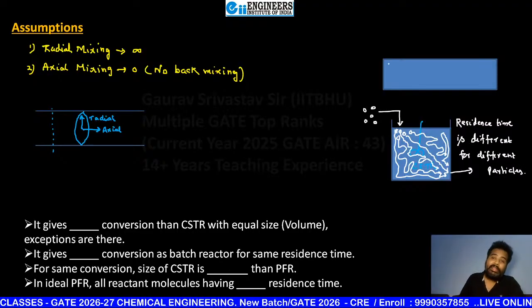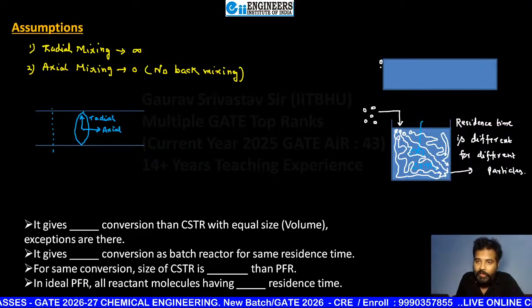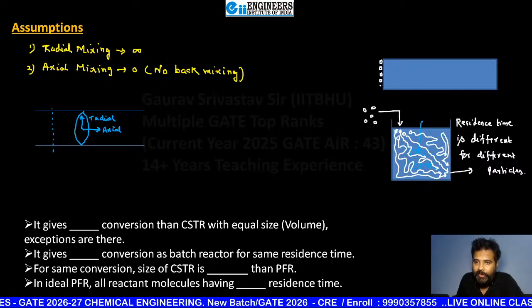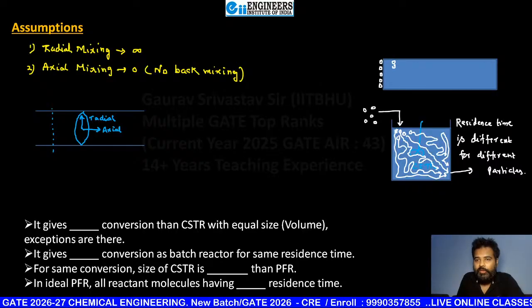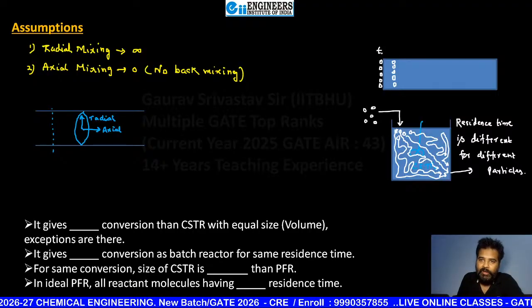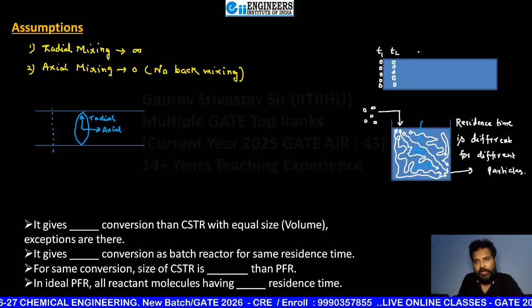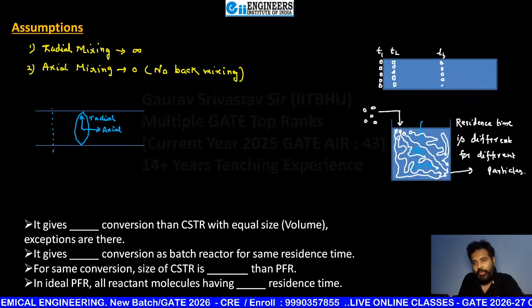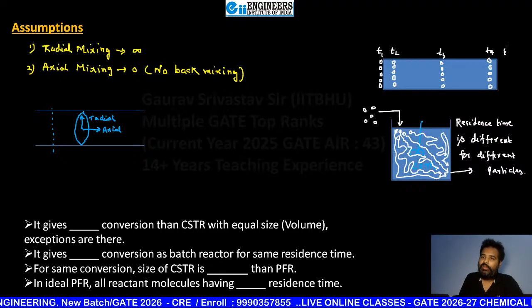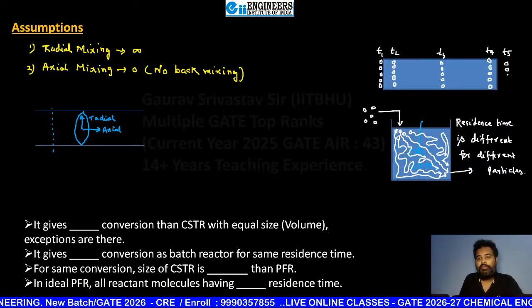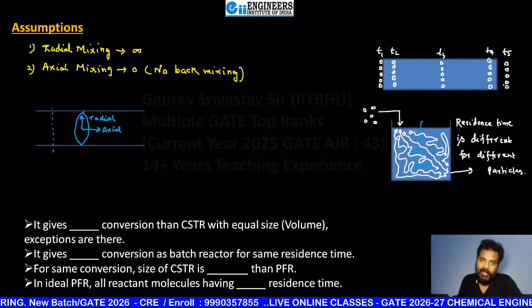But when you are checking in plug flow, see, these 5 enter here. After some time, their position is here at time t1, here at time t2, here at time t3, here at time t4, and now exited. At time t5 they are exited, and all exited at the same time.